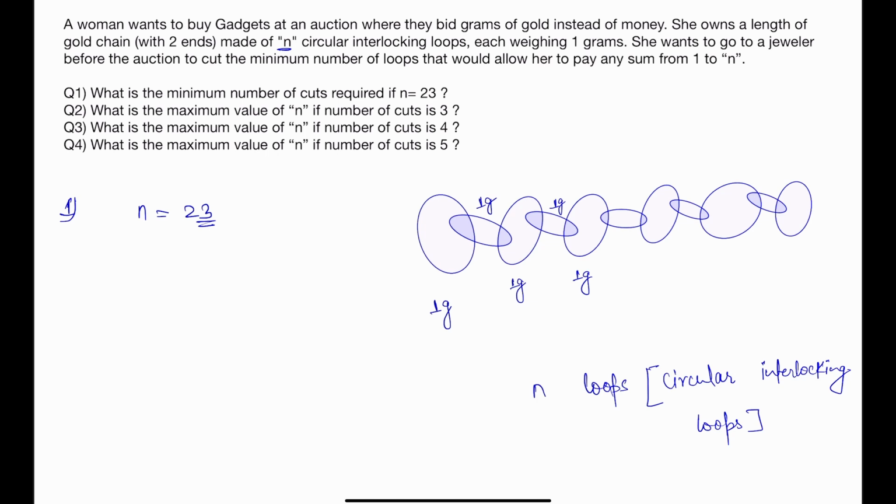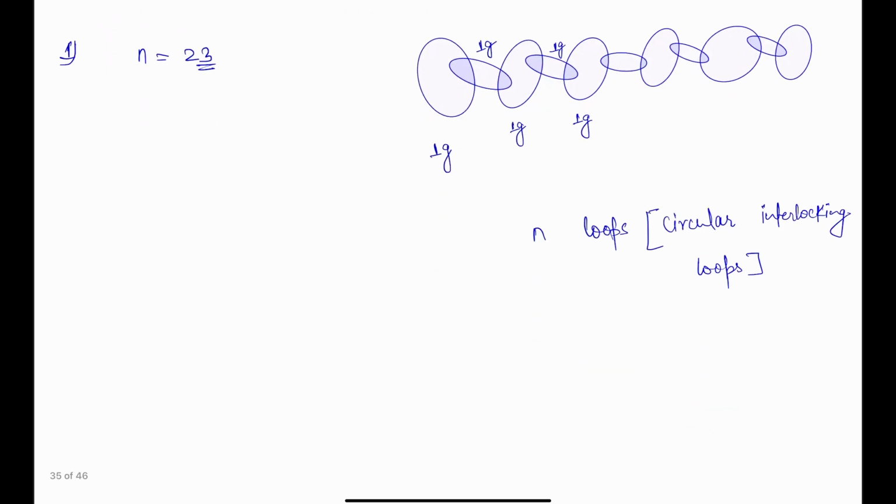So let's first understand the question. What is going to happen here? Even if she cuts, suppose she cuts over here, it's already saying interlocking loops. So if I cut this loop, how will it look?